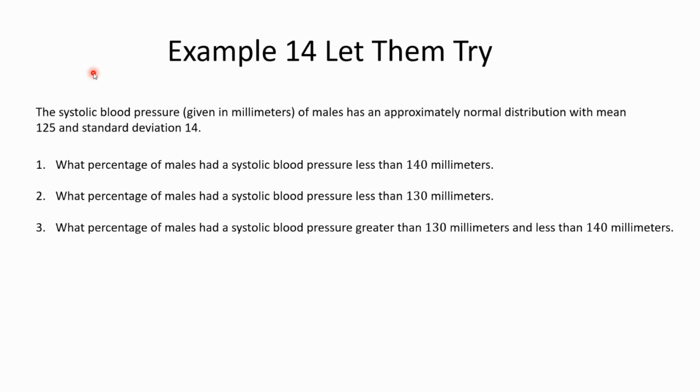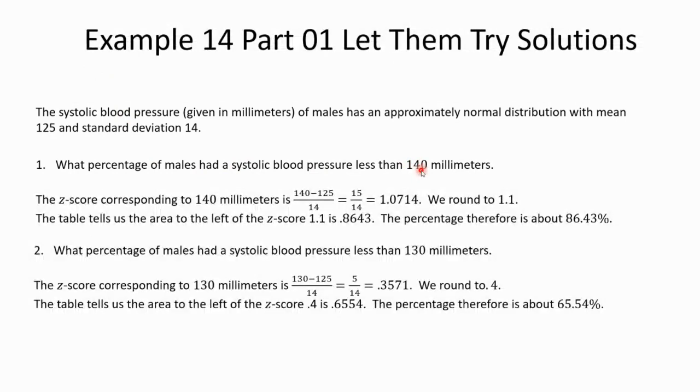So what we can do first is, let's find the percentage of males that had a systolic blood pressure less than 140 millimeters. So percentage of males. We're going to use z-scores, but we want to get the area to the left of a certain z-score. So we're going to get the z-score for 140 first.